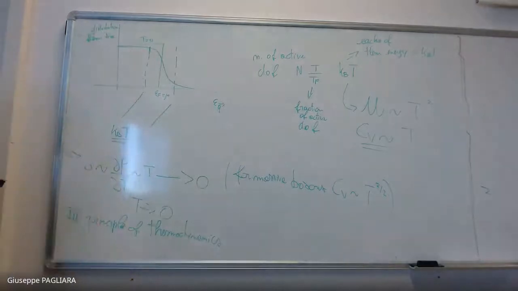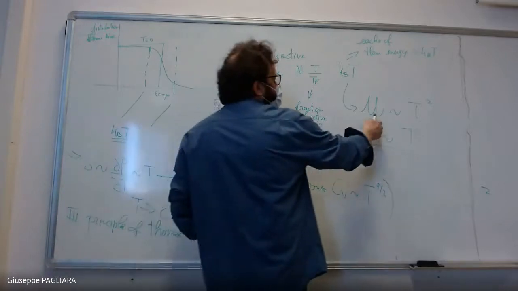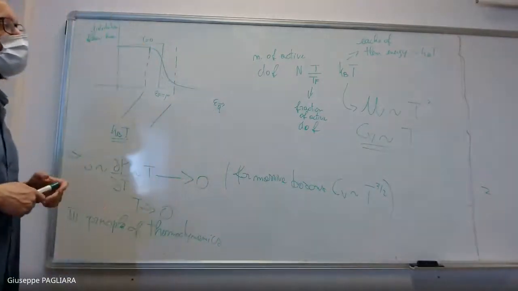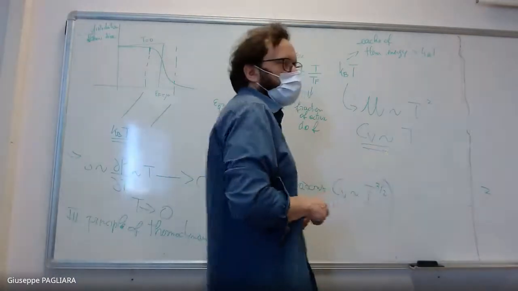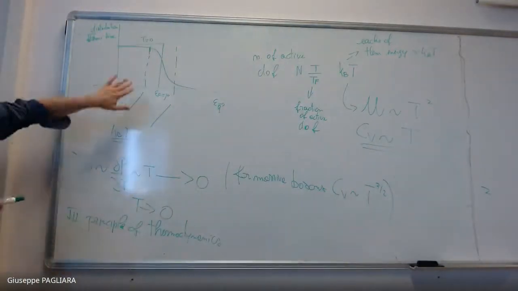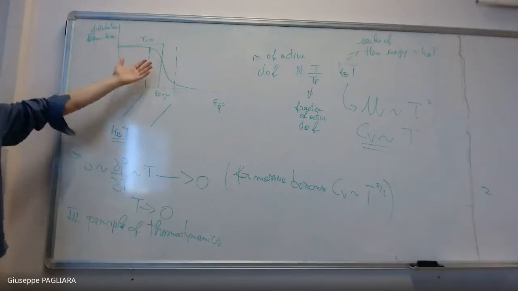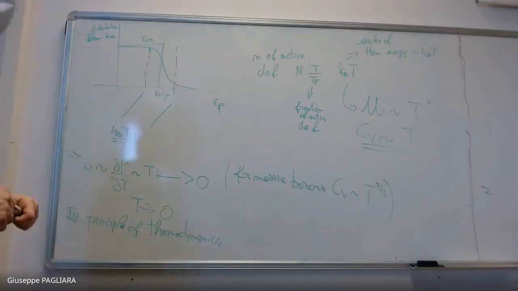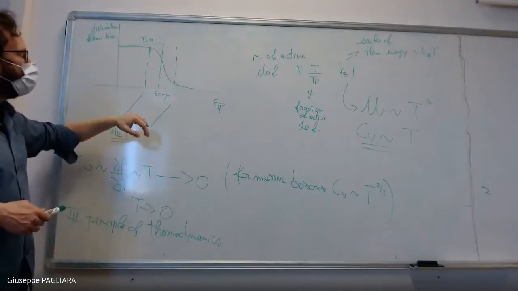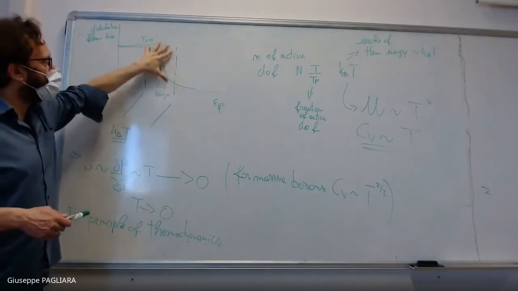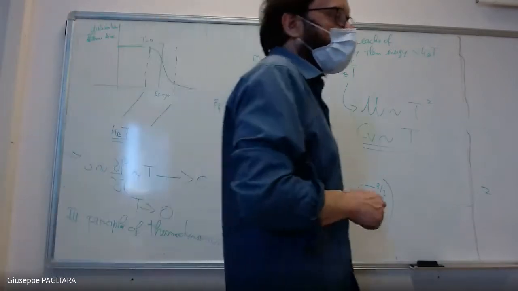Each of those particles has an energy of the order of k_B T, and therefore the internal energy associated with those degrees of freedom is of the order T squared, and the heat capacity is of the order T. All the particles that are far below the Fermi surface are not excited and cannot contribute to the heat capacity. So the response of the body is provided by the particles that are close to the Fermi surface at small T.